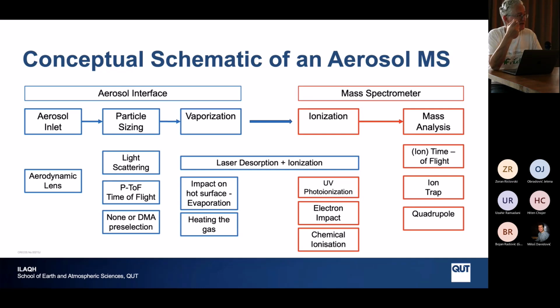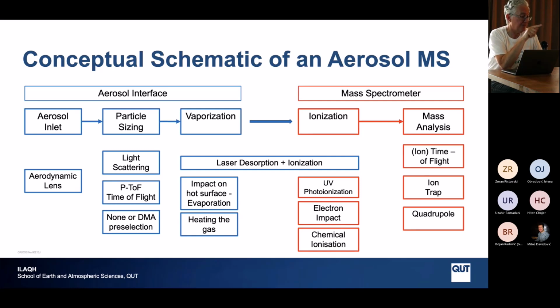So once your particles are in the vacuum, you would want to size them. You can do that with light scattering: shine a beam of light on them and measure the scattered light, and you can estimate the size. Or you can use the so-called time of flight method.